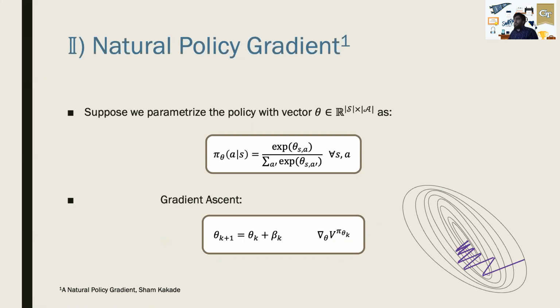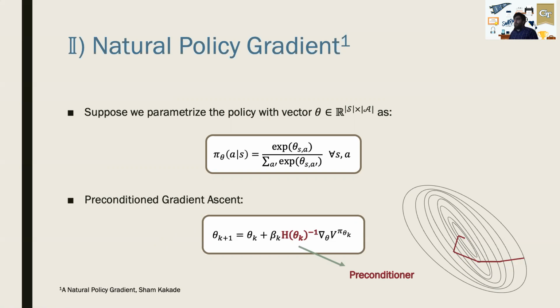Having this parameterization, one can update the policy by taking gradients with respect to these thetas. However, even if we converge, it can be shown that a lot of times the convergence rate is slow because we have so many zigzags.